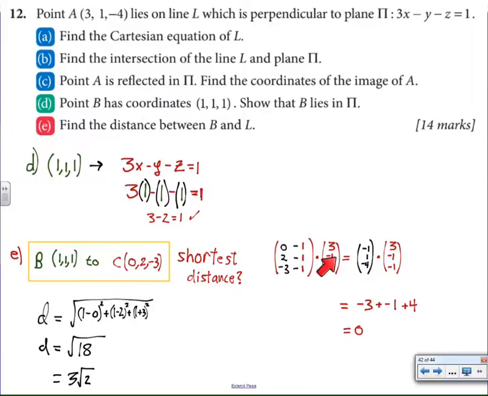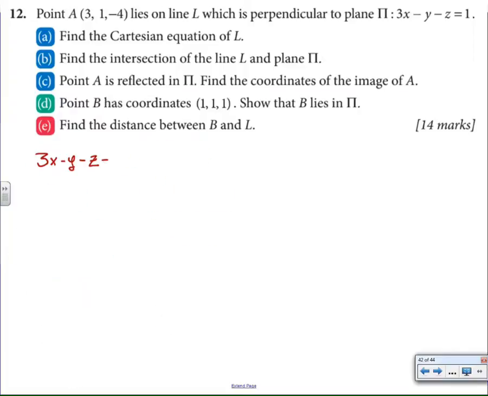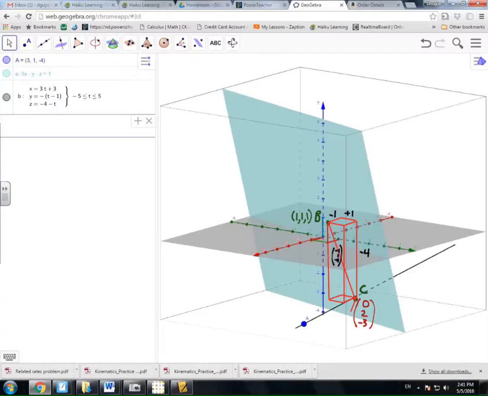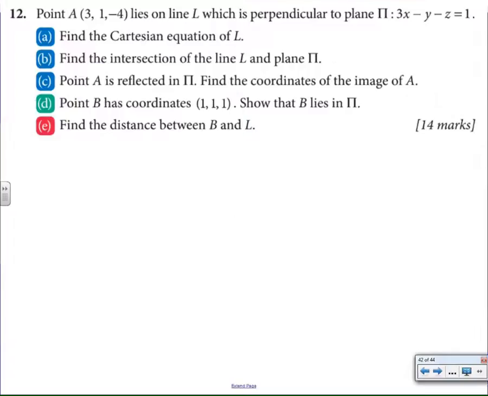And when I dot product the normal vector with the vector BC, I do in fact get 0. You can visualize that over here, that my solution set, let's see, turns out to be -1, 1, -4, and therefore we can see that these two are perpendicular to one another. And the distance is nice and easy to find.